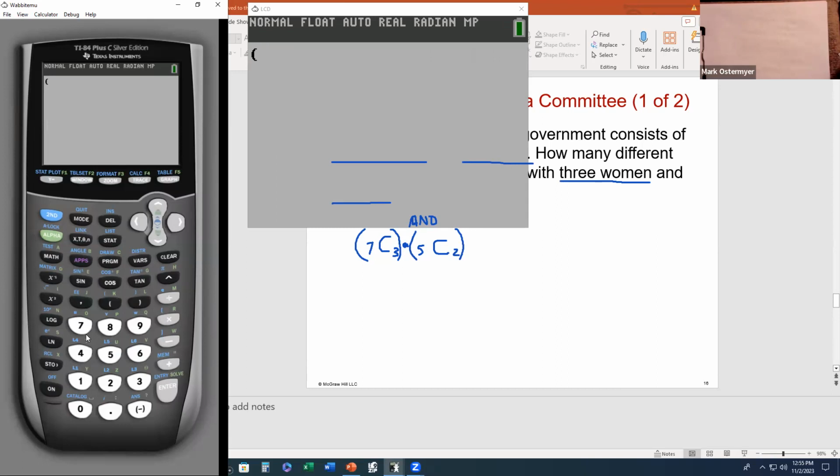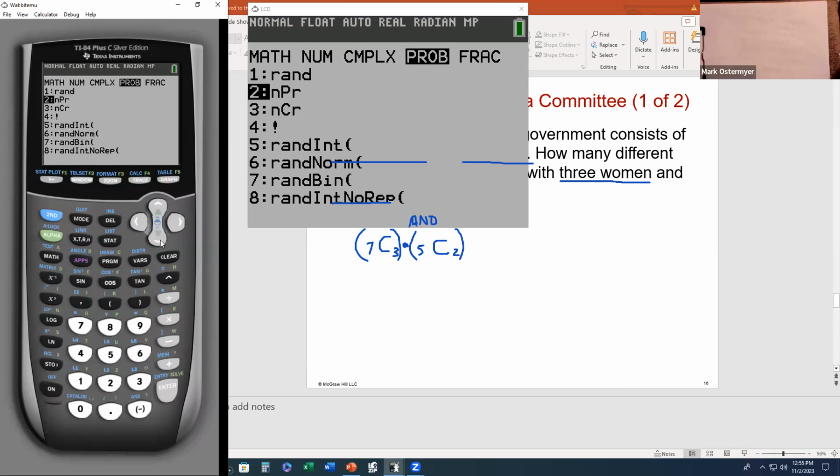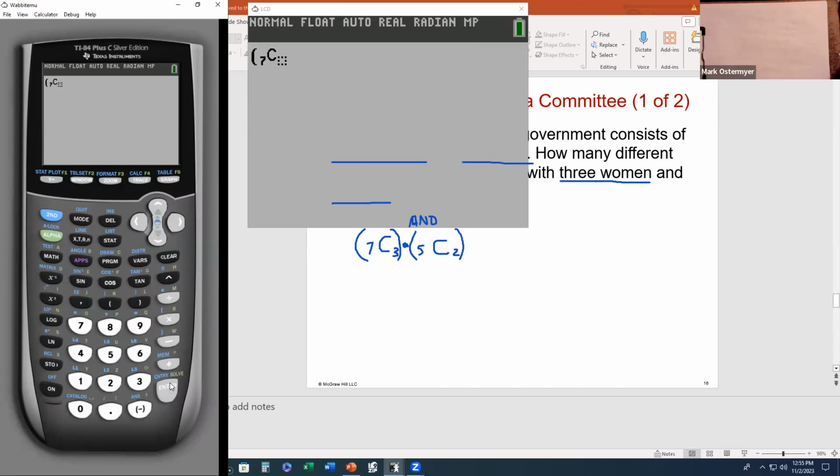Open parenthesis. Now 7. Hit your math button, go over to probability and grab the NCR function, the combination function. 7 in combination with 3. Now I've got to hit my right arrow key to bring my cursor back up to level. Notice this. Now close parenthesis, times, open parenthesis, 5 in combination with 2.